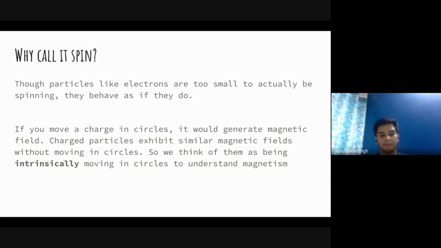Now, if you remember from the last session when we were talking about particle accelerators, we talked about how when some charged object is moving, is experiencing force, it creates a magnetic field around it, right? So when something that has electric charge and an electric field is moving, it also creates a magnetic field.